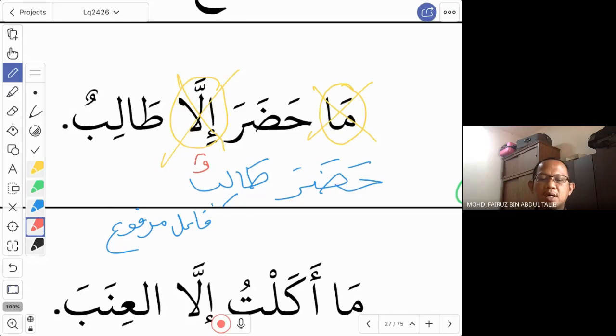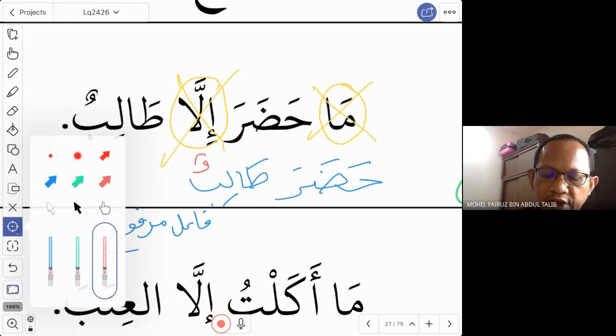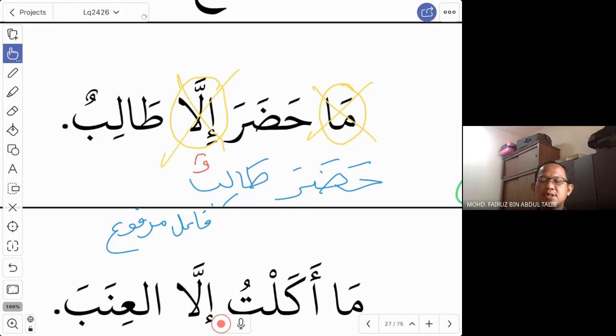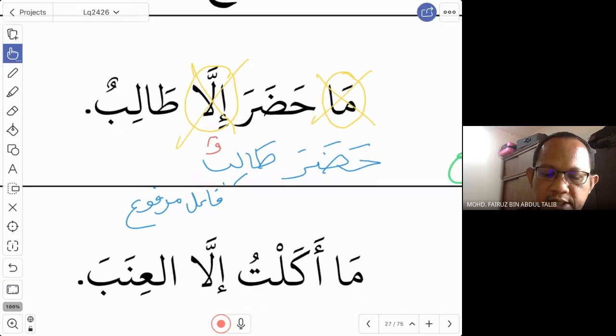So we say hadara talibun. Therefore, when you have ma and illa in the sentence, the word is still talibun because in its original position it is a fa'il and fa'il is marfu. So you cannot say taliban anymore. Ma hadara illa talibun. This is the only hukum for the sentence.